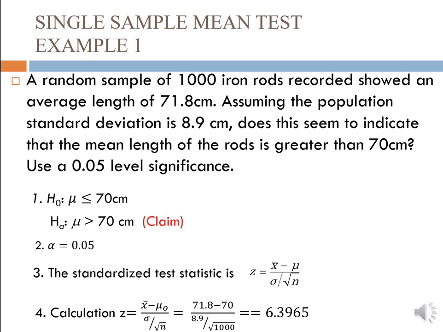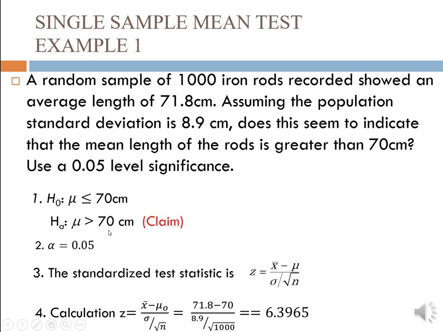Then in our step 4, we will take the sample to calculate the Z value, that's the Z calculated value. The sample mean from 100,000 iron rods was 71.8 centimeters, which we substitute into the formula.